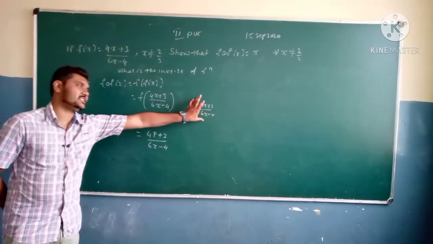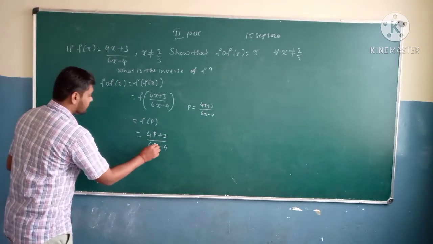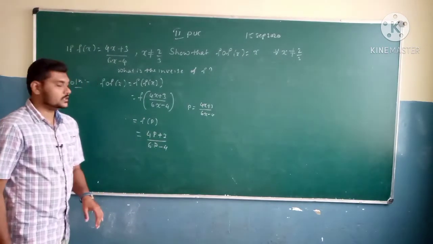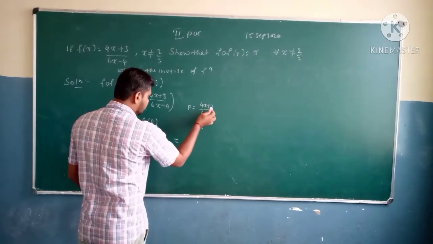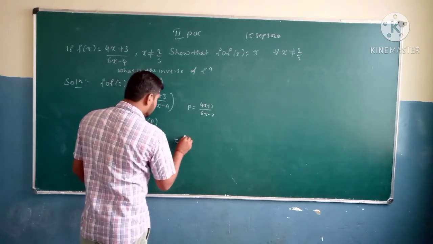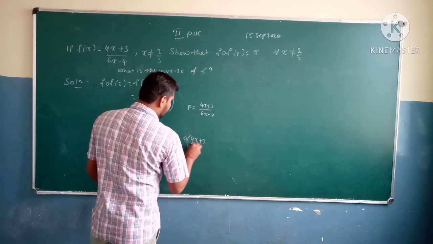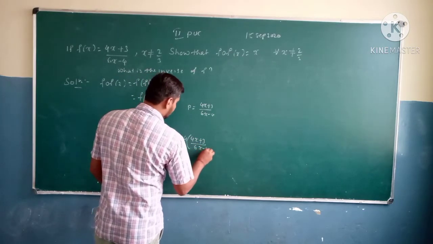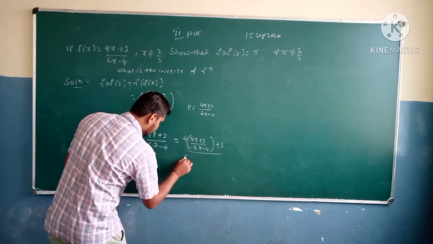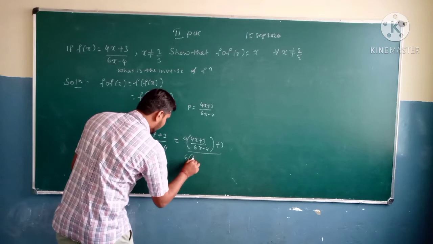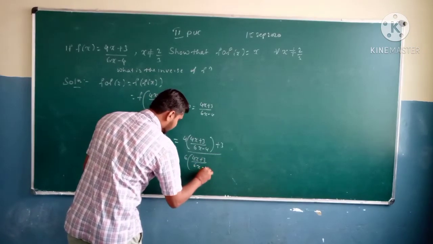So that's going to be 4 into (4x plus 3) divided by (6x minus 4), plus 3, divided by 6 into (4x plus 3) divided by (6x minus 4), minus 4.